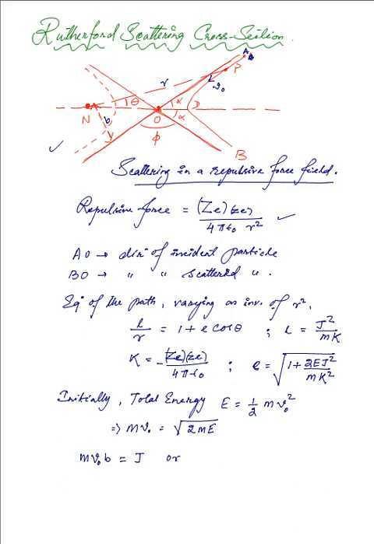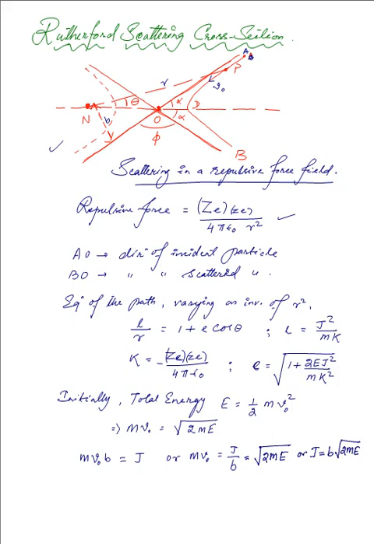Or we have m v naught equal to J over b, which finally equates to the root of 2mE. Or we can have J to be equal to b times the root of 2mE.